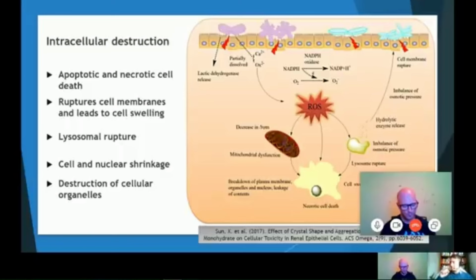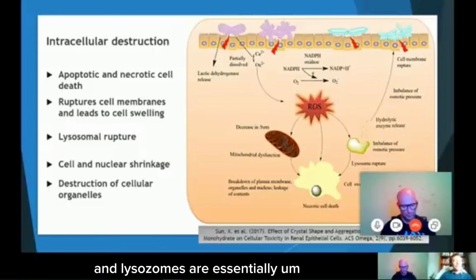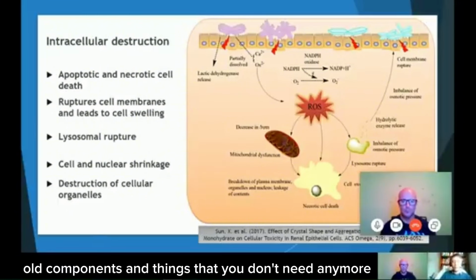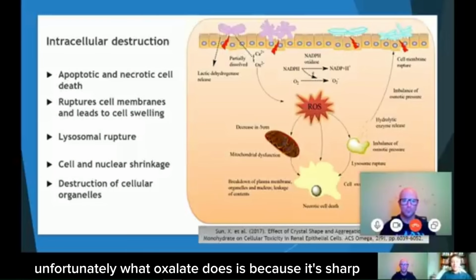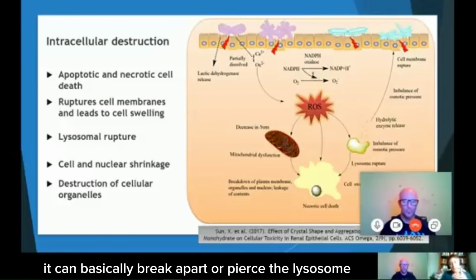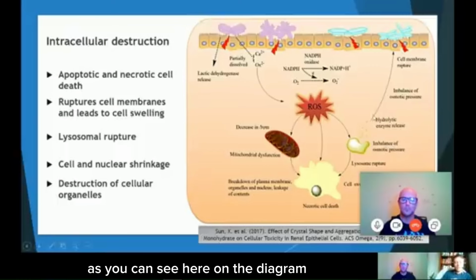You have these organelles called lysosomes, and lysosomes are essentially the piece of machinery in the cell which you use to degrade old components and things that you don't need anymore. Unfortunately, because oxalate is sharp and spiky, it can basically break apart or pierce the lysosome, causing the lysosome to leak out these really destructive enzymes called hydrolytic enzymes, as you can see here on the diagram.